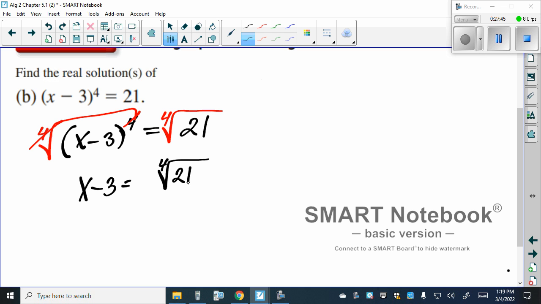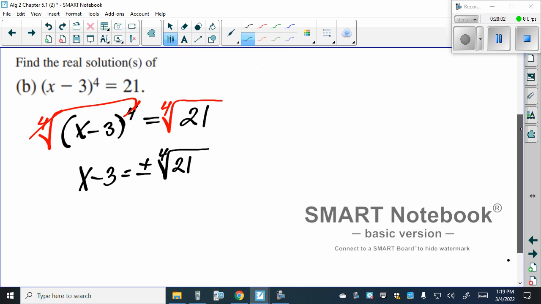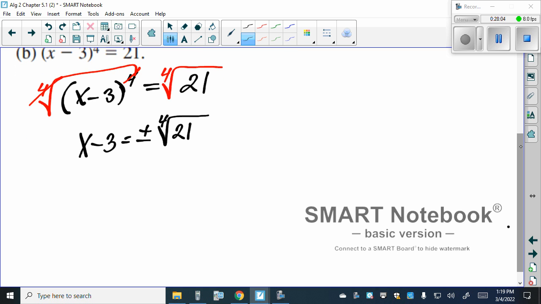Now, since we are taking an even root this time, and what's inside the radical is positive, it can be positive or negative. We have 2 roots. So we have the plus or minus that we have to include. Any questions on this so far?